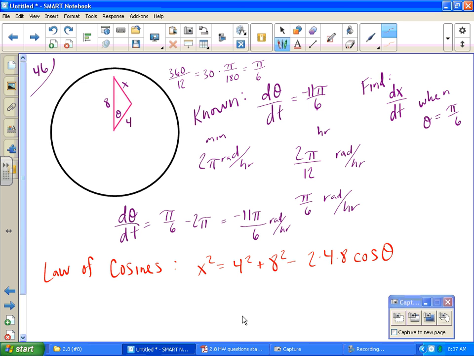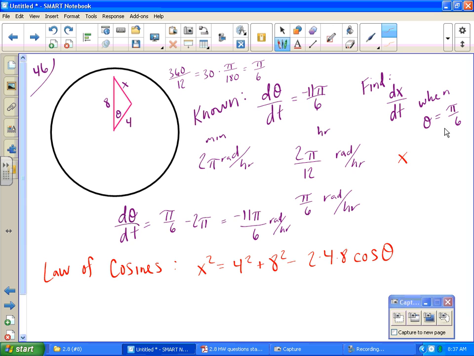Okay, now from here, you should be able to finish it, but I know a lot of you are going to get stuck in one spot. I've got my theta, so that's good. I've got my d theta dt, so when I take the derivative, I've got that. And then I'm trying to find dx dt. What's the other thing that I need?